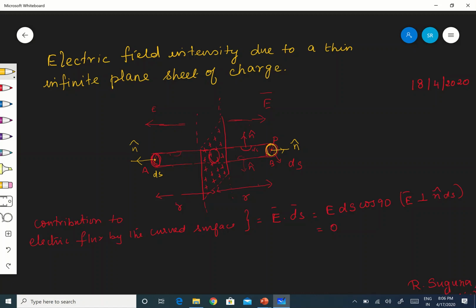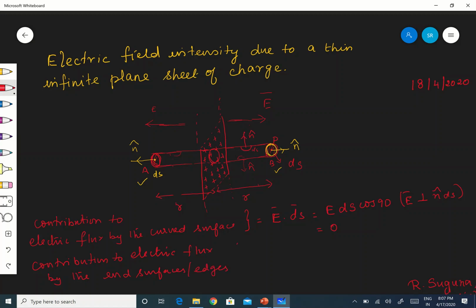Now I can write, there are two surfaces, A and B. Both these edges are contributing to electric flux, correct? Therefore the contribution to electric flux by the end surfaces, that is by the edges.